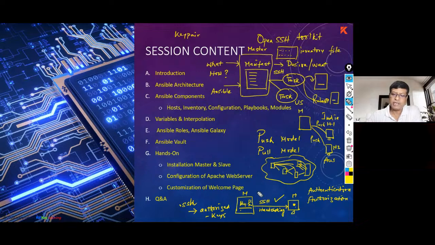So the connection is established. That is a nice mechanism, but I do not have the scope to discuss it in much more detail. But anyway, I'm saying that the push model is a very simple model. The architecture of Ansible is that simple.